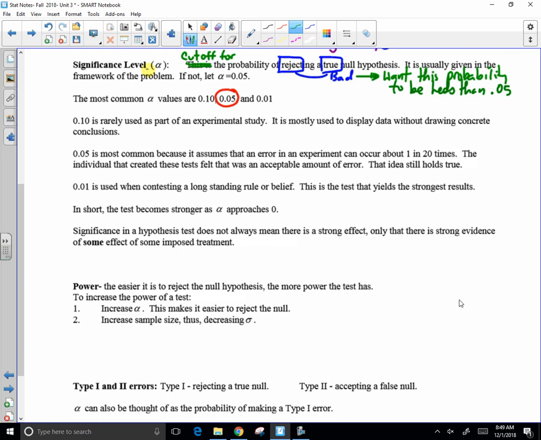3 choices, all of that was to say go with the 0.05. Obviously, I think the test becomes stronger as alpha goes closer and closer to 0, and that's because if alpha represents the cutoff value for rejecting something that's true, so the cutoff probability for something that's bad, the smaller you make that probability, the better off things are going to be.